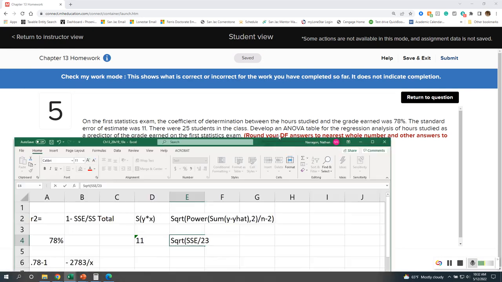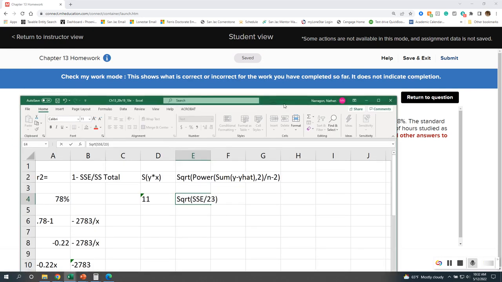Again, 25 students. So from there, since we're done with the square root, I have to square, so power 11, 2, and we would have squared the other side, which will leave us with only SSE divided by 23.